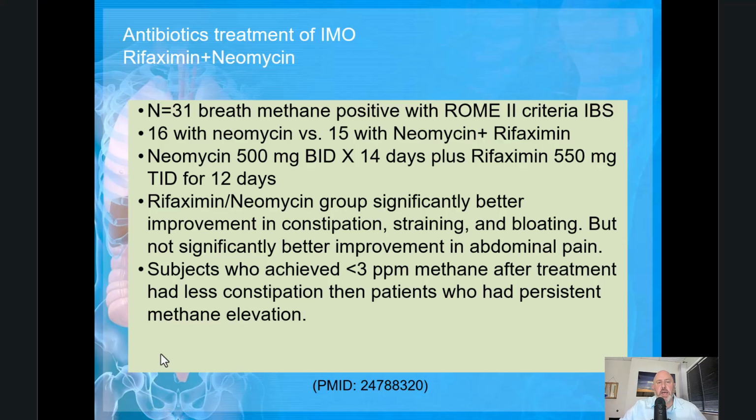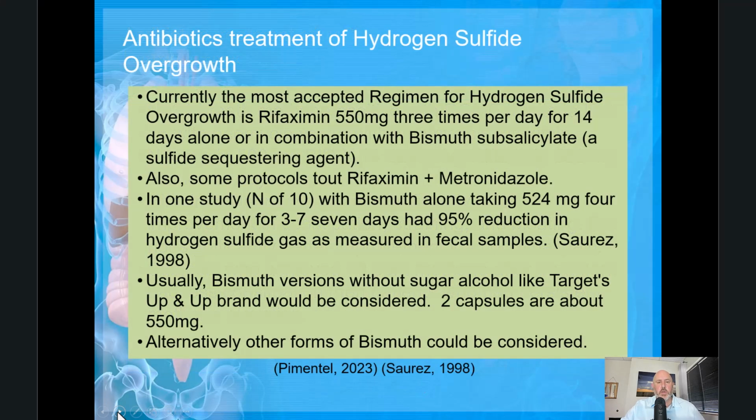It is not common that IBD patients will have methane overgrowth, but if they do, there are some specific protocols using combination antibiotics, rifaximin plus neomycin. For hydrogen sulfide, I'm seeing the protocols still being developed, but the most common one is rifaximin in combination with bismuth salicylate, which is also known as Pepto-Bismol.